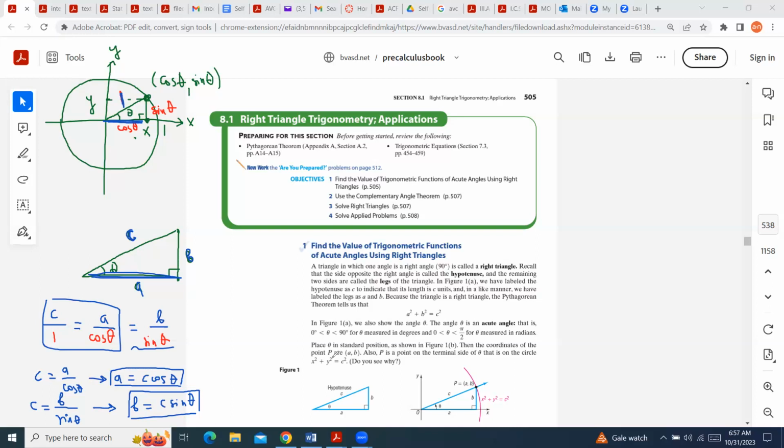So what else here? Well, they use the Pythagorean theorem for that bigger triangle, which is a squared plus b squared is equal to c squared. And that's actually another relationship in addition to these two that we can discover in here.